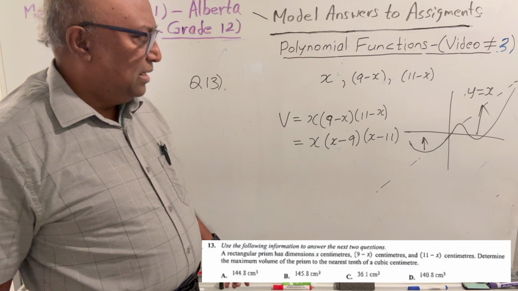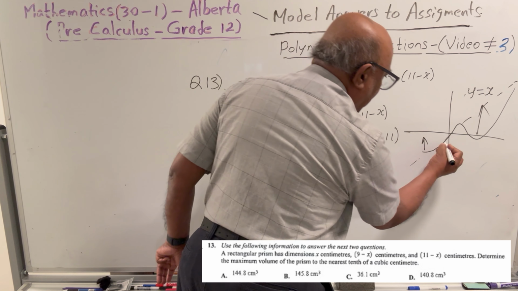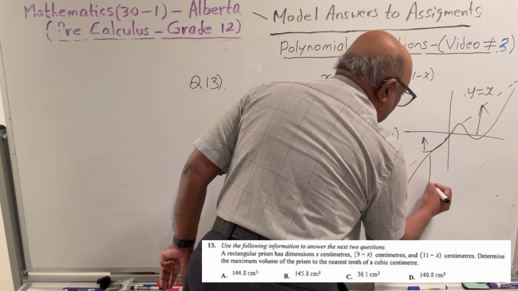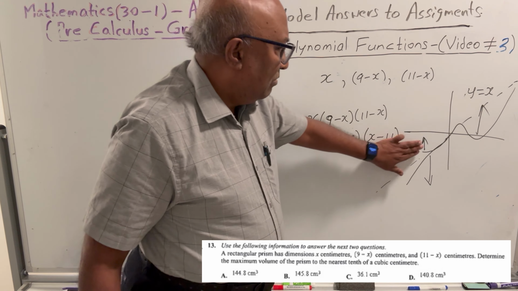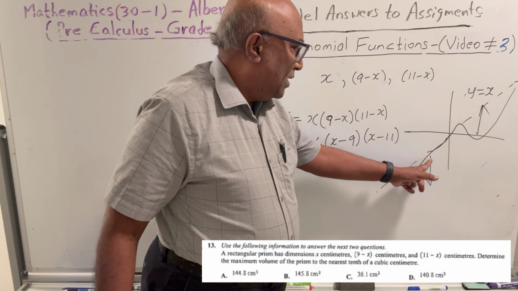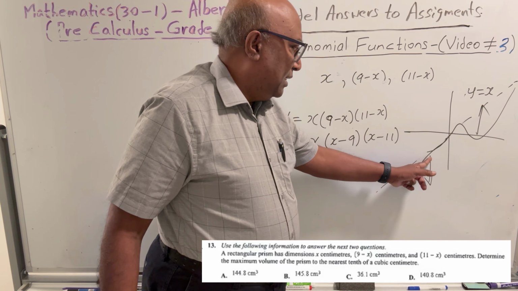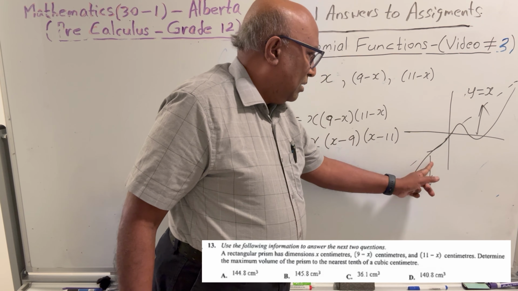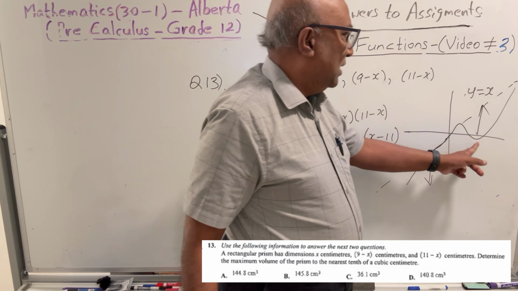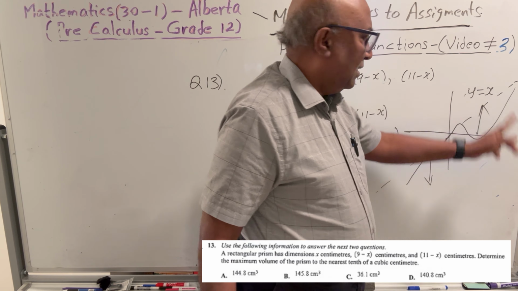Like that, okay? Here it is moving down, usually like this. In the third quadrant, the function extends down. Here it extends to the first quadrant in the up direction.